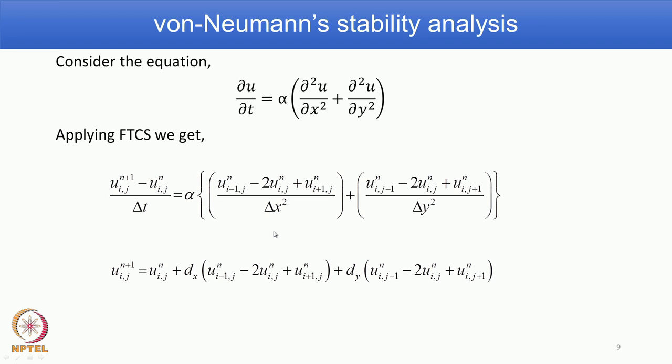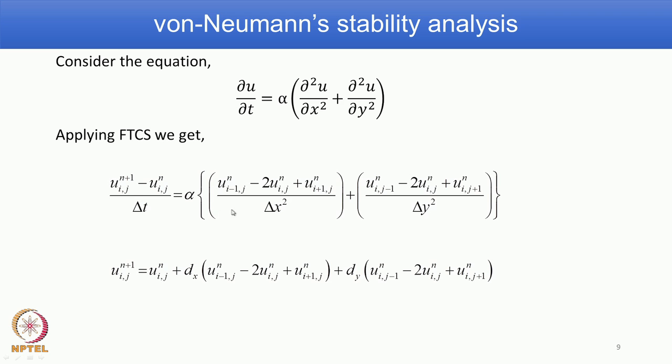Now, we rewrite this equation, we are interested only in the term u i comma j n plus 1, all other terms are known from nth time level. Hence, we rewrite this equation by keeping the unknown on the left hand side and taking all other terms to the other side. So, for example, this delta t is taken from the denominator on the left hand side to the other side, then u i comma j n is also taken, it becomes positive.